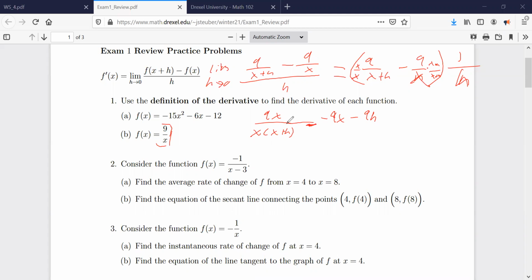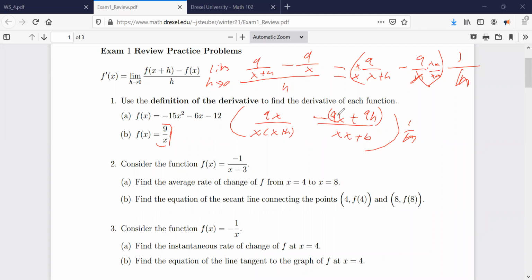Yeah, I'm gonna put this all on a single fraction. Sorry, this is a bit messy. Let me erase this and clarify it. All times 1 over h.